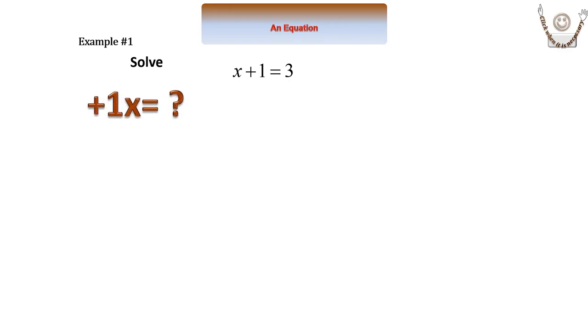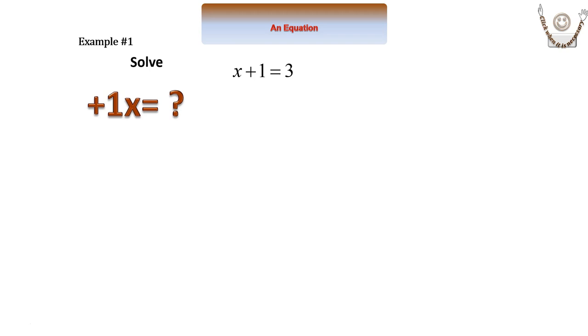The same equation, and now we will use an algebraic approach without modeling. We are looking for positive 1x, or just 1x. So we have to do whatever we can to get positive 1x on the left side. How can we do this?